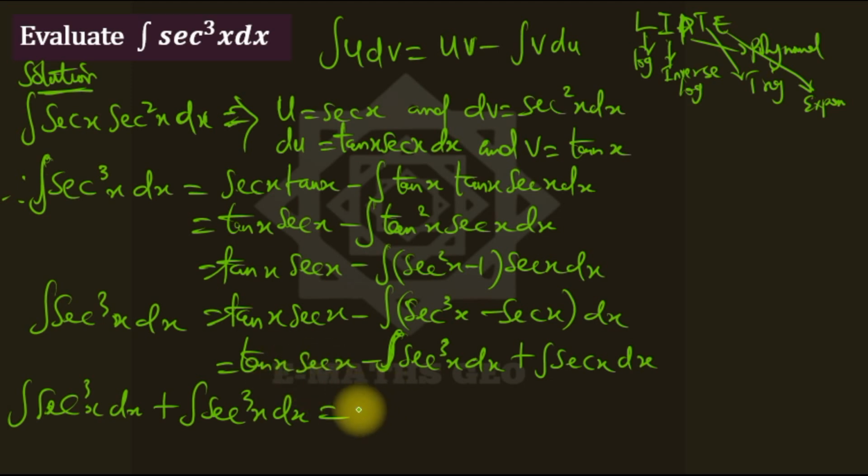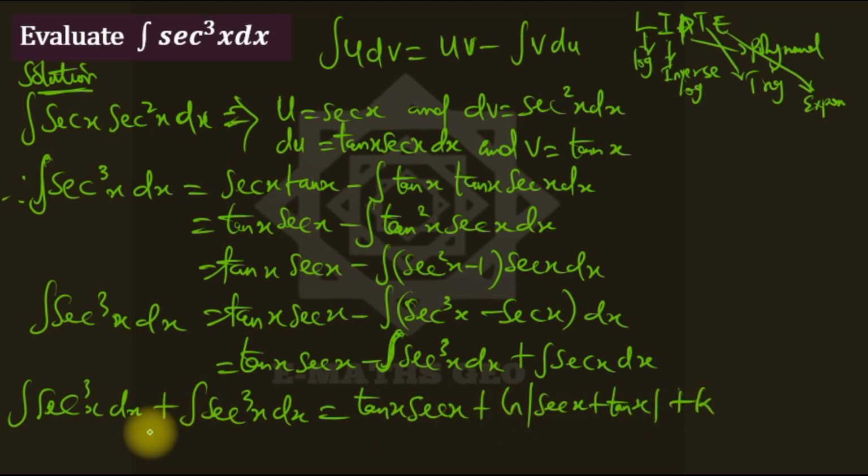So we repeat this: tan x sec x. The integral of sec x is ln of sec x plus tan x, I've done it before, plus k. So sec cube x plus sec cube x, they are the same, so we have 2 integral of sec cube x.